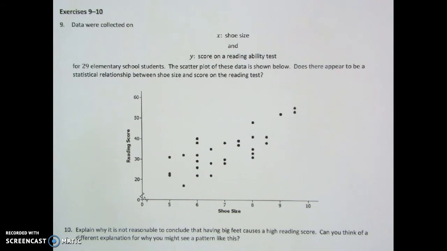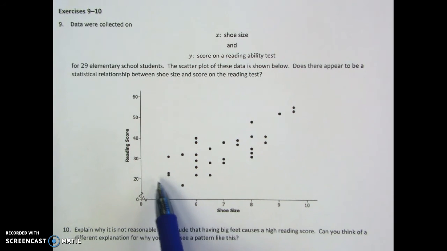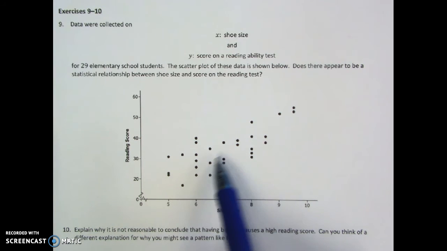All right, last two I'm going to do with you, numbers 9 and 10. Data was collected on shoe size and reading score on an ability test for 29 elementary students. This scatterplot shows that data. They want to know, first of all, does there appear to be a statistical relationship between shoe size and score on a reading test? As it appears in the data, the data goes from the lower left-hand side of the graph to the upper right-hand side.